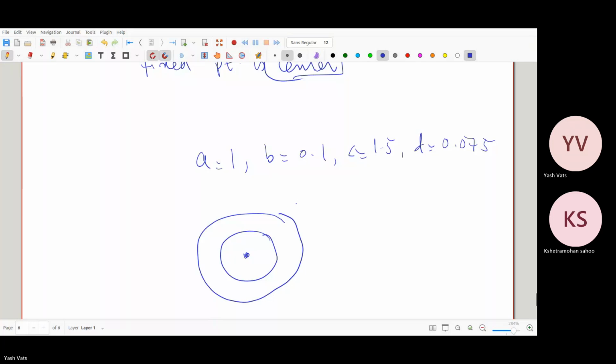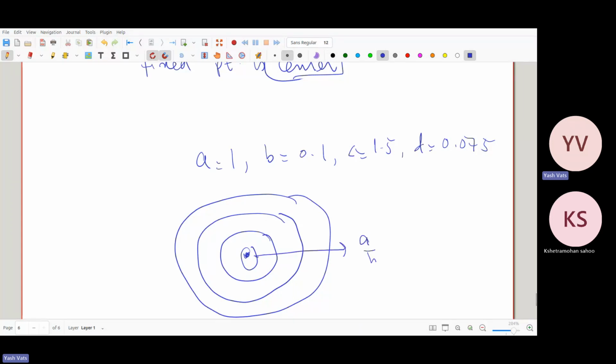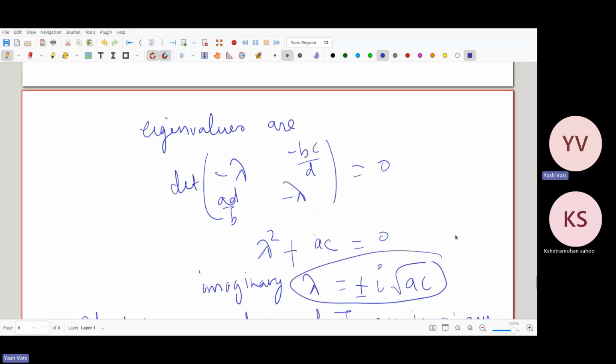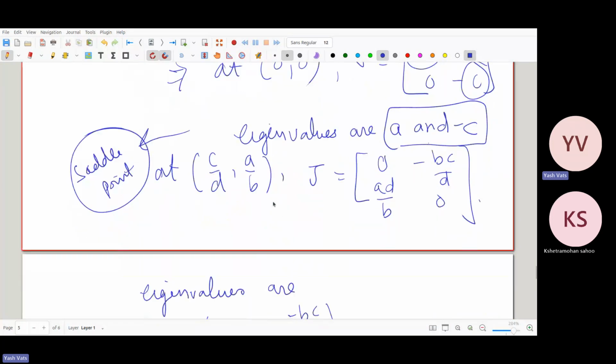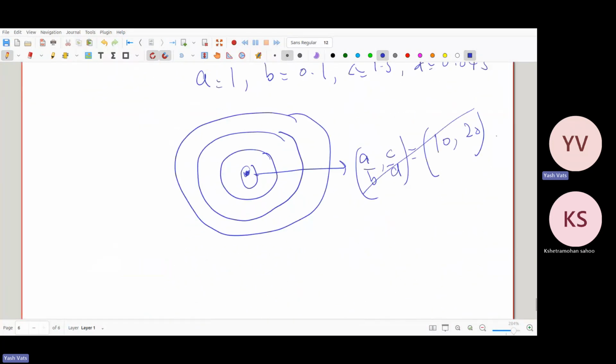Your center point is c/d and a/b, which is 20 and 10.